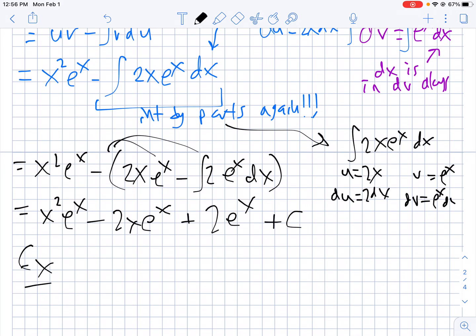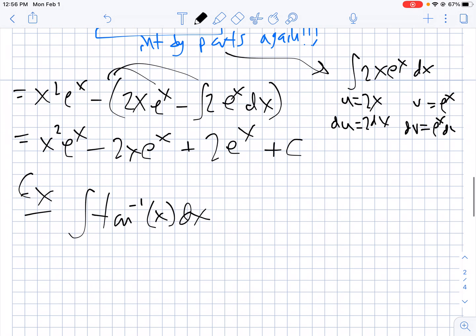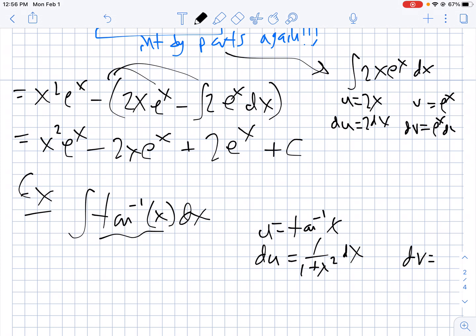What if some chump asks you to integrate inverse tangent of x? Well, gee, you might say, I remember how to take a derivative, but how do I integrate? That should be straightforward. Well, I'll show you how. You just pick u to be the inverse tangent of x. And of course, you're a good student, so you remember the derivative is 1 over 1 plus x squared. All right, and then the dv, well, there's none on the left.